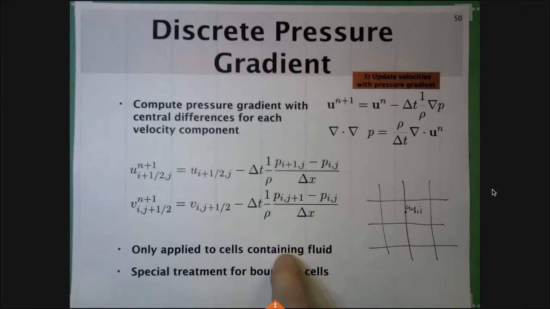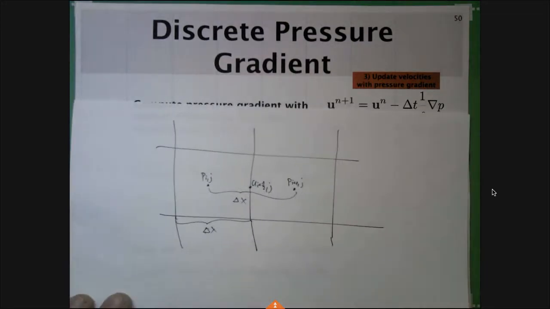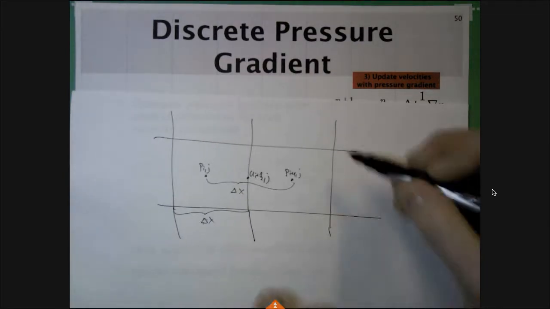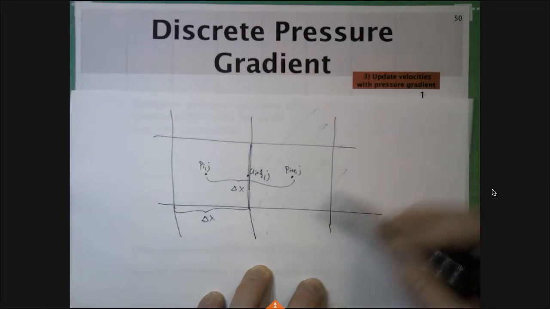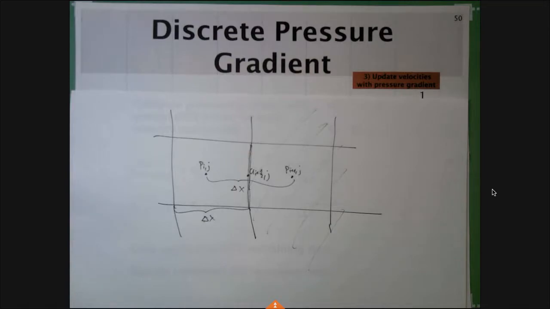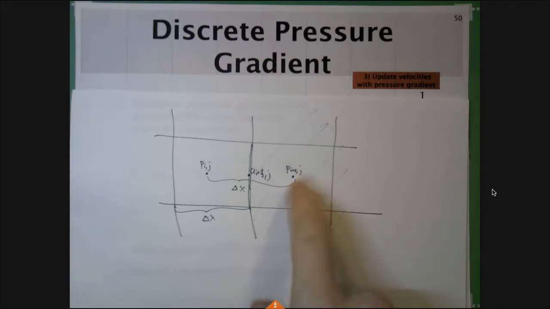Now here is where the boundary conditions will kick in. If this was a boundary and this was a solid wall, then you don't have any pressure there. You only compute the pressure for a fluid. If you don't have fluid there, what the pressure means is determined by your boundary conditions.